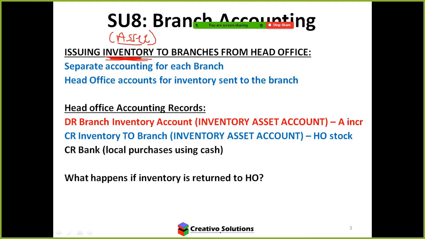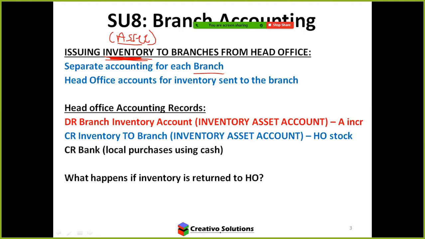If the head office sends inventory to a branch, head office needs to manage and control its stock. So they need to account for how much goods is going to branch A, how much to B, how much to C, how much to D, etc. Depending on how much inventory they've given to each branch, each branch needs to manage and control their inventory because they need to report back to head office. If a branch is well managed, there isn't going to be any problem with missing inventory or inventory that's damaged or stolen.